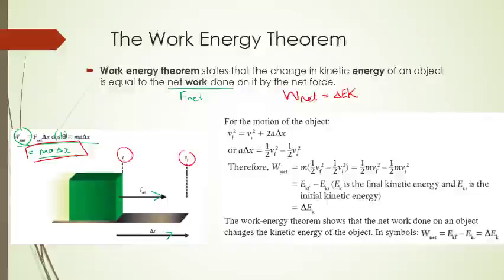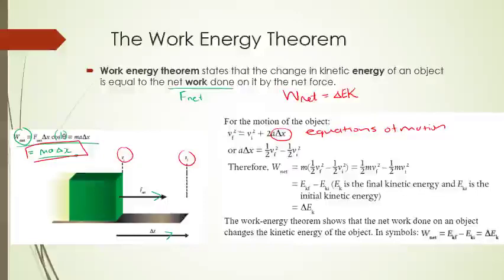So if we use our equations of motion, remember your equations of motion, one of them is final velocity squared is equal to initial velocity squared plus 2 times the acceleration times the change in distance. If we rearrange this equation to get acceleration and change of distance as the subject, I move the initial velocity over first, and it becomes a minus.